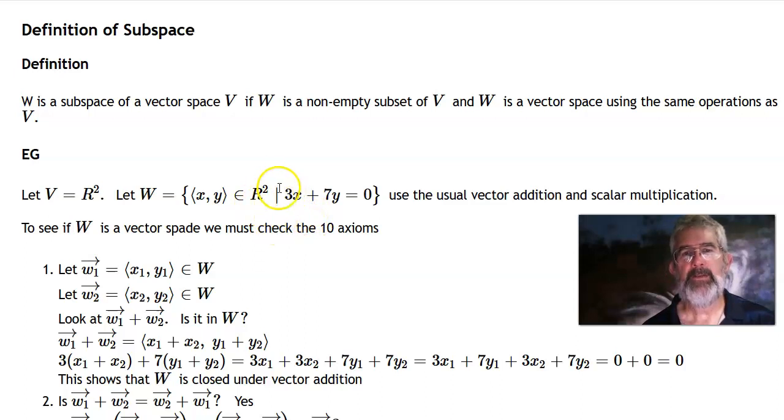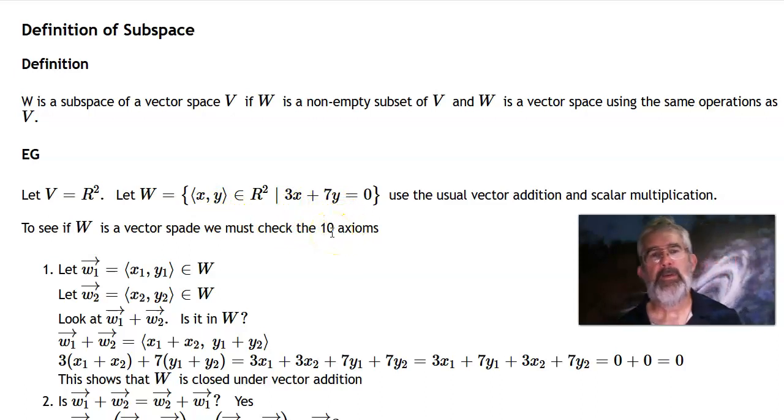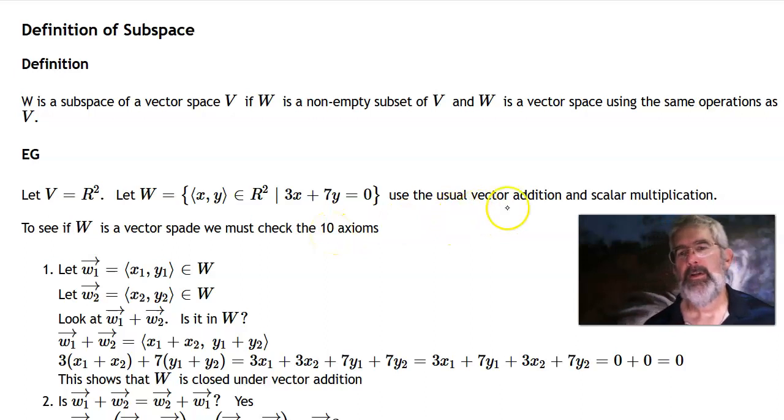And then the bar means such that, and then there's a condition. It's not just any old points get in. W is only the points x, y, such that 3x plus 7y is equal to 0. And we're in R2, so we use the standard vector addition and scalar multiplication.